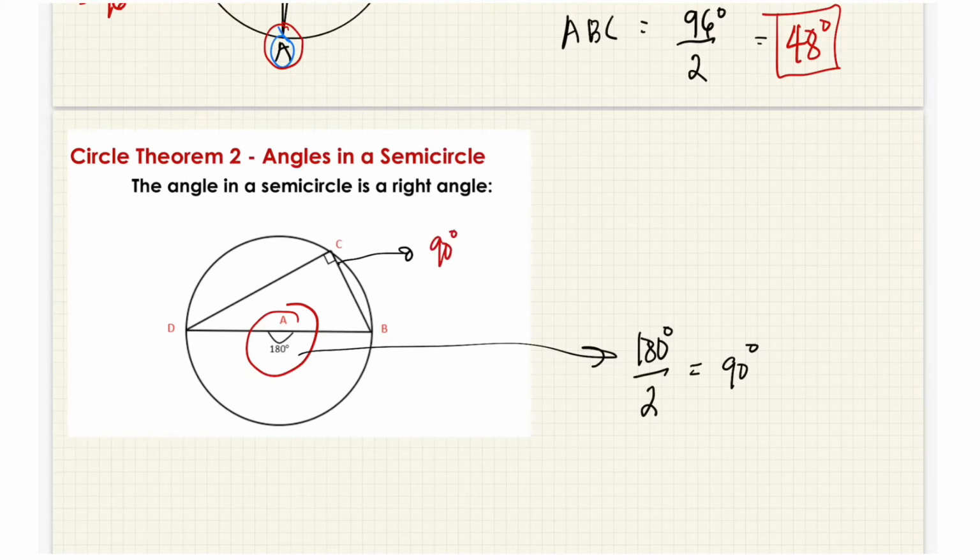That's why it says the angle in a semicircle, because we pass through the center, we take the circle into 2 parts. This is the first part here.